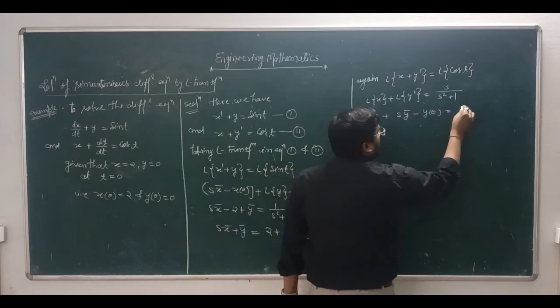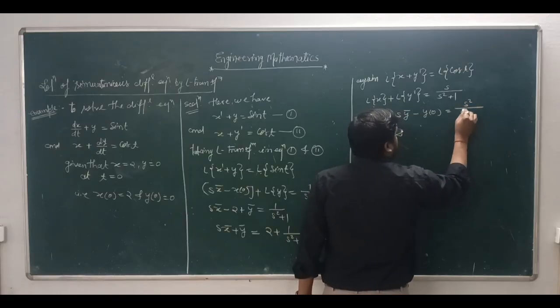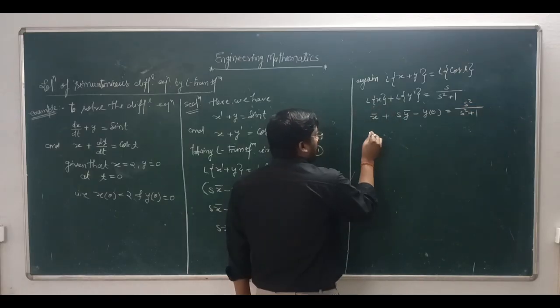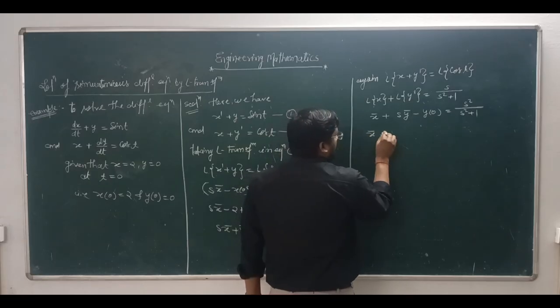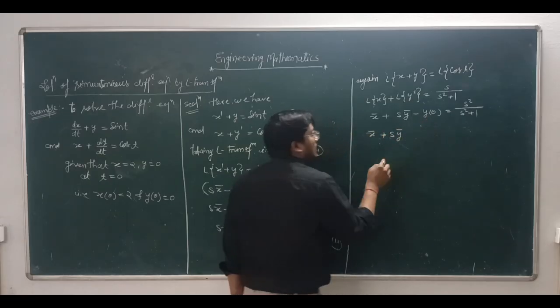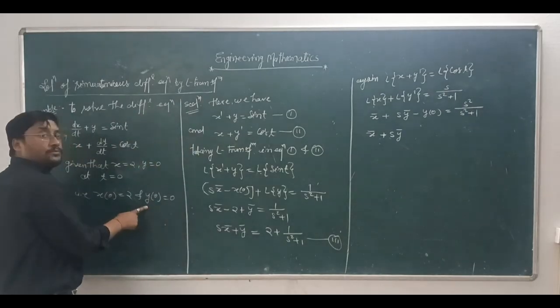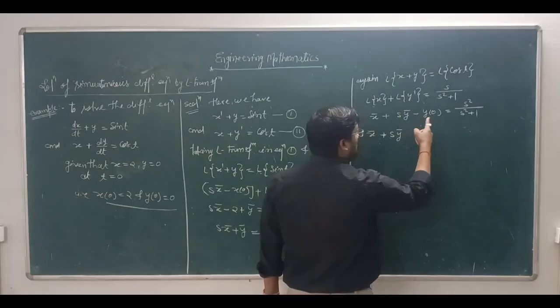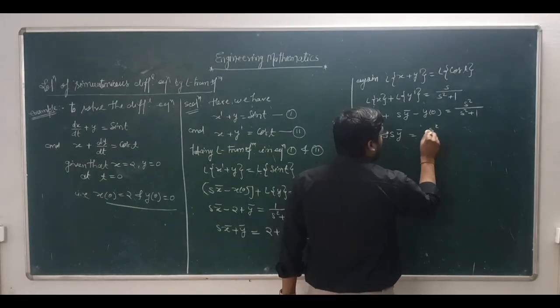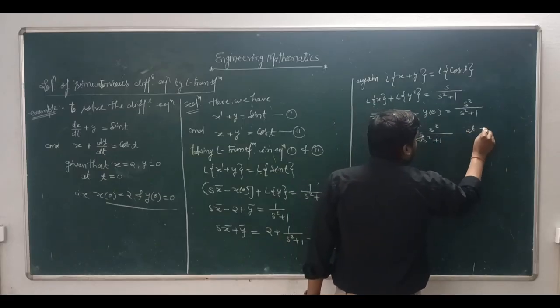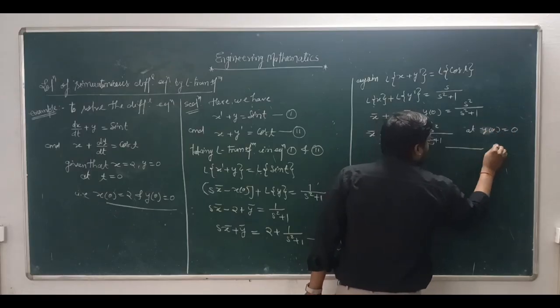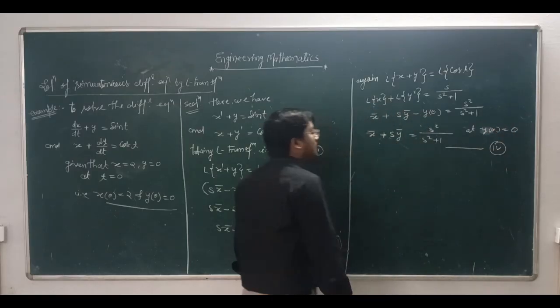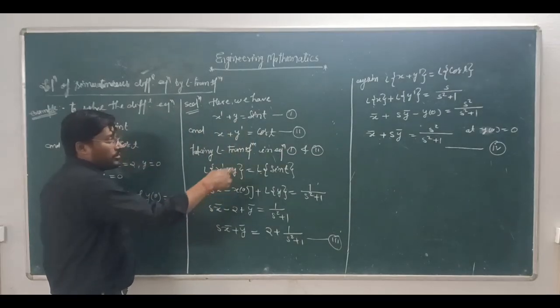Putting y0 equal to 0, we get x bar plus s y bar is equal to s upon s square plus 1. This is equation number 4. Now solve the equations.